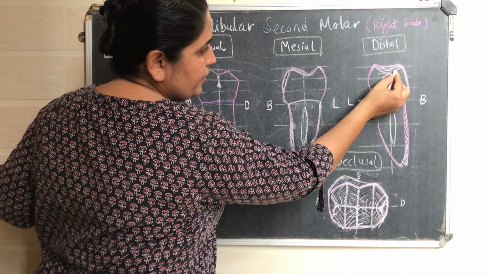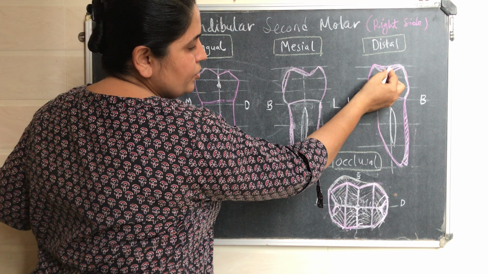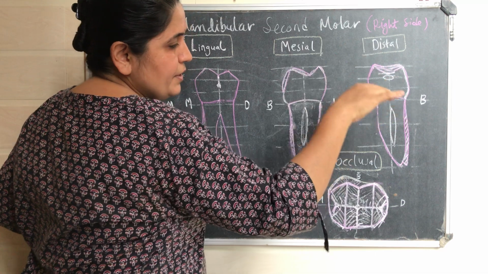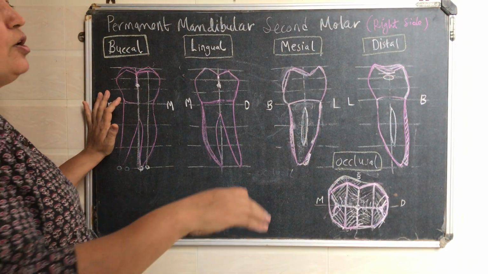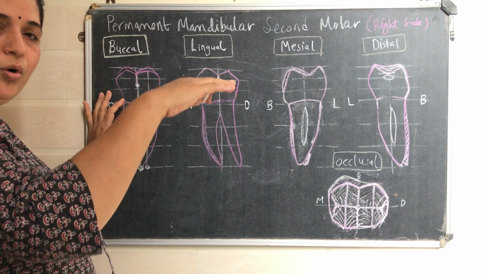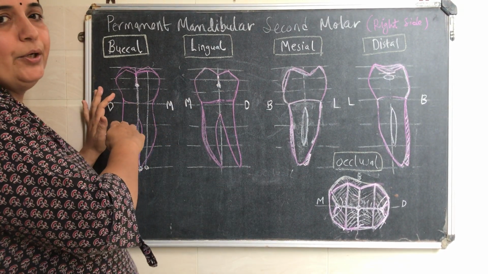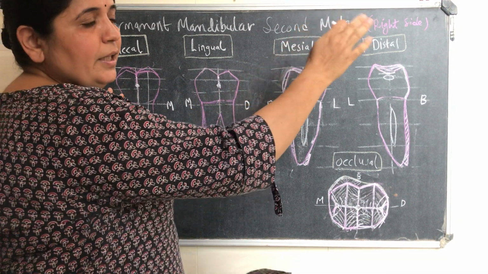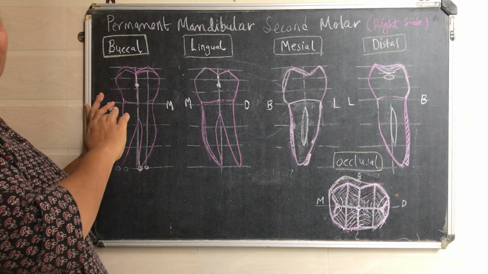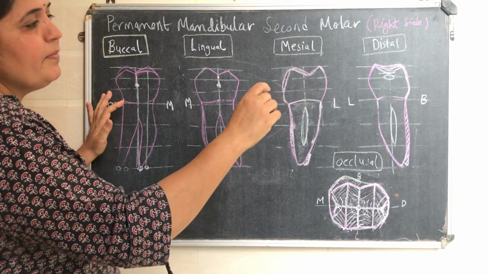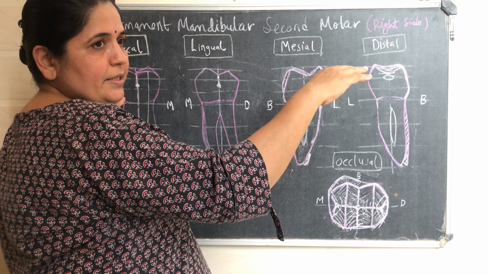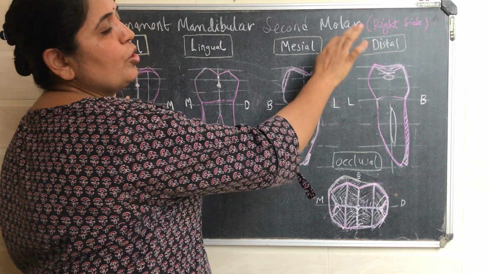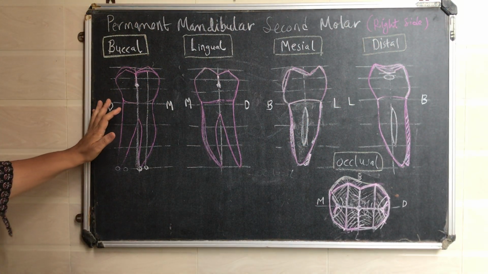In the second molar, it is a little bit cervical to the first molar, and in the third molar it is placed even more cervically, right? So as you go from first molar to third molar, the distal marginal ridge is more cervically placed, exposing more occlusal surface from the distal aspect.